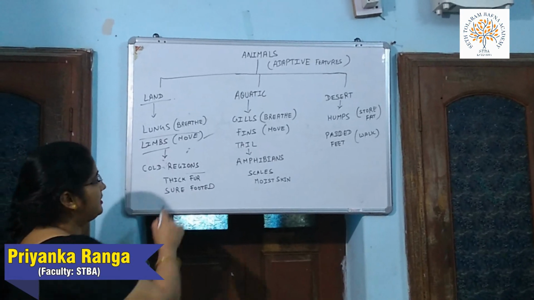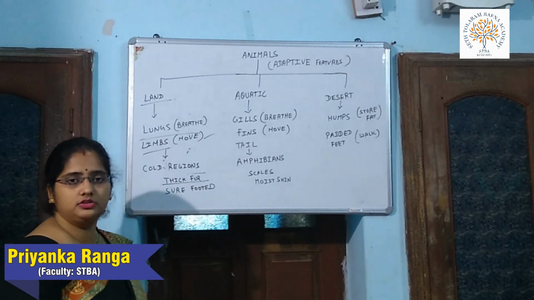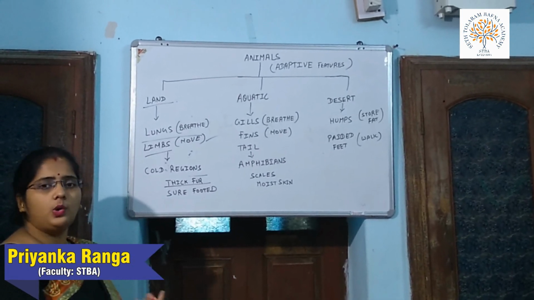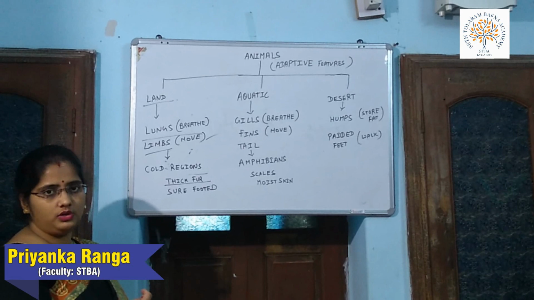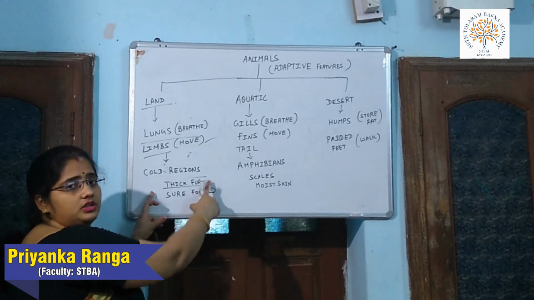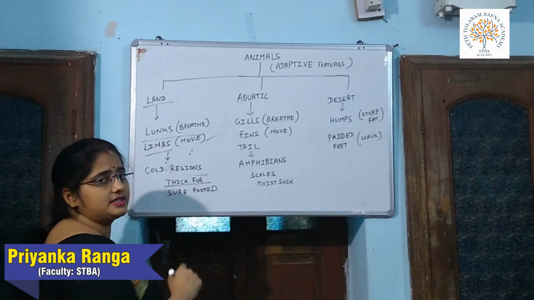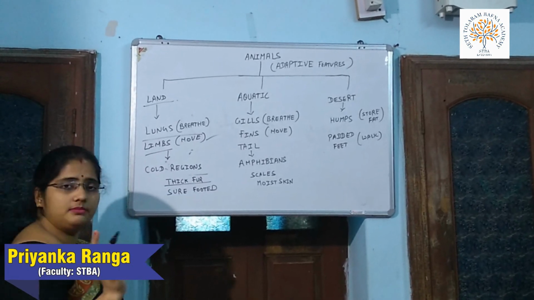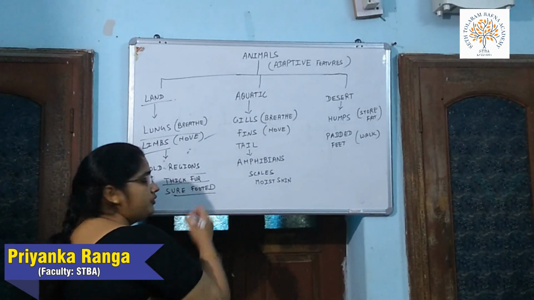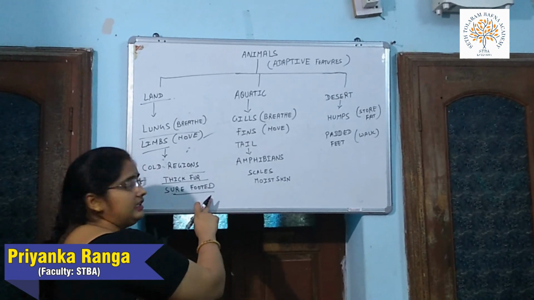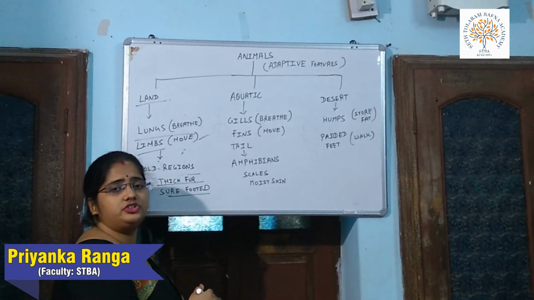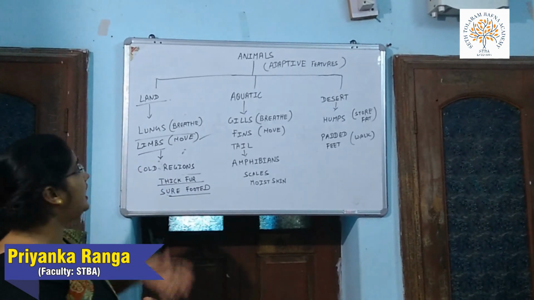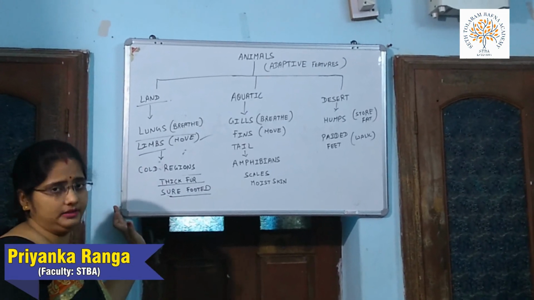They have special thick fur on their body so that this fur can protect them from the cold environment. To survive in the cold environment, they have thick fur on their body above their skin. Next, for the cold regions, the animals are sure-footed. That means their feet are designed so that they can jump from one rock to another without slipping. These are the adaptive features of land animals.